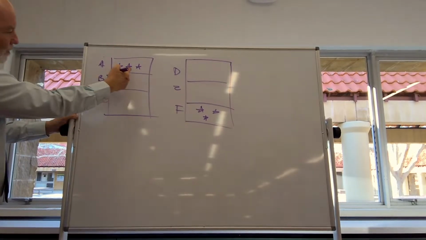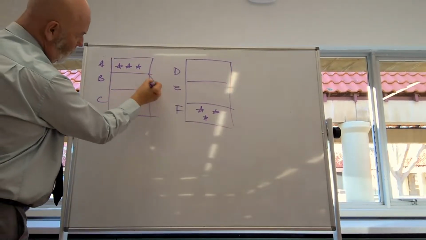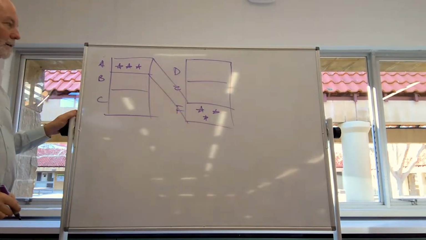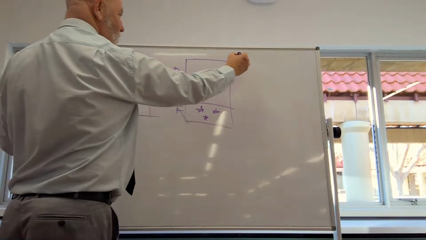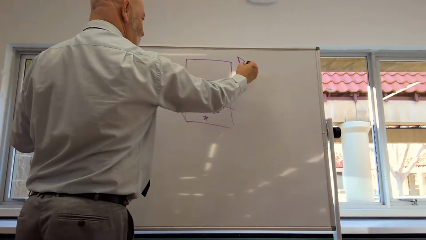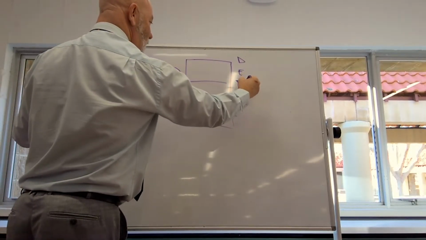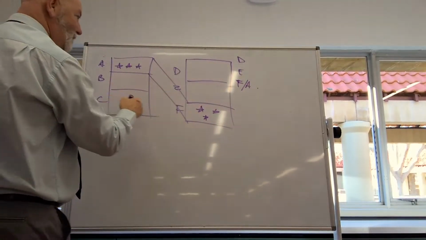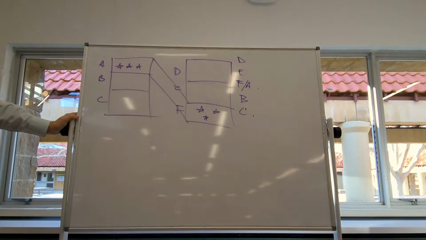Because they've got the same index fossils, they must have been around at the same time. So oldest to youngest: D would be the youngest, then E, then F and A are the same, and then B and C. That's the correlation of rock strata.